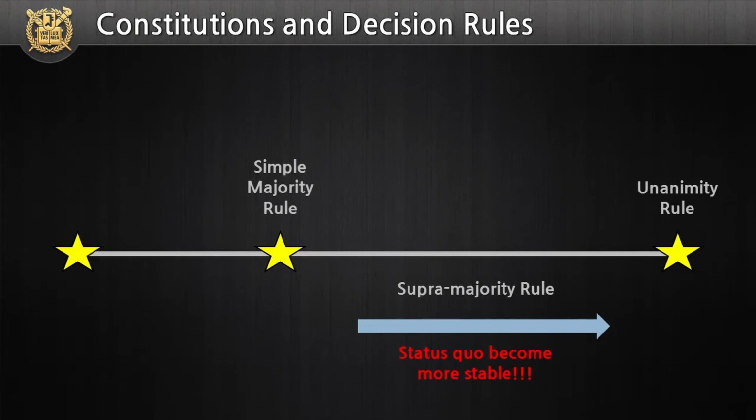So, moving from simple majority rule to unanimity rule, the status quo becomes more and more stable, hard to change. So change becomes more difficult.